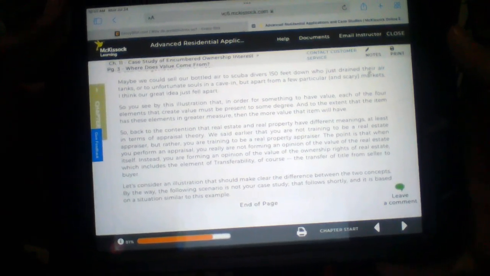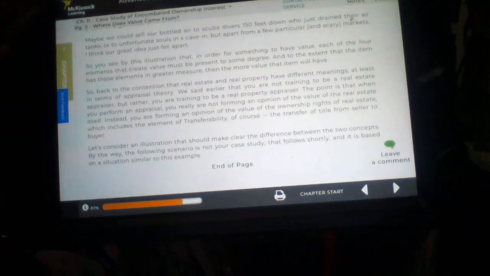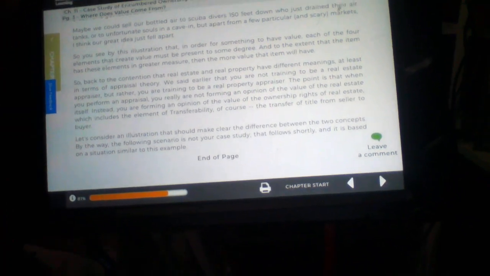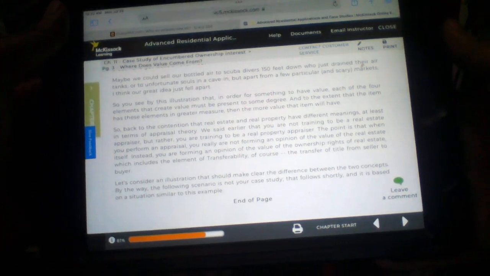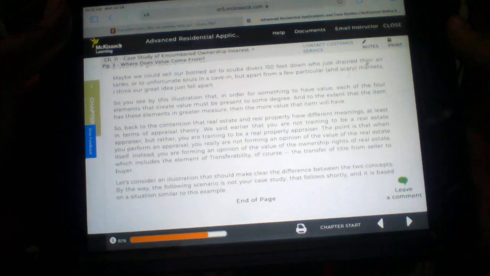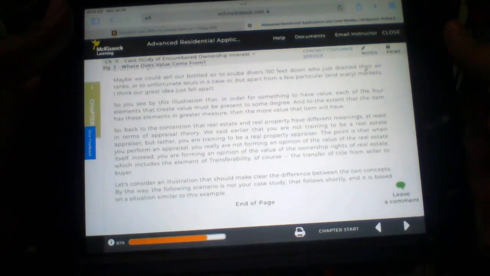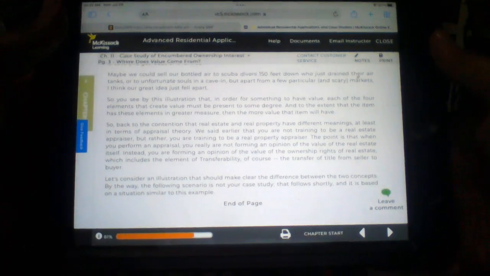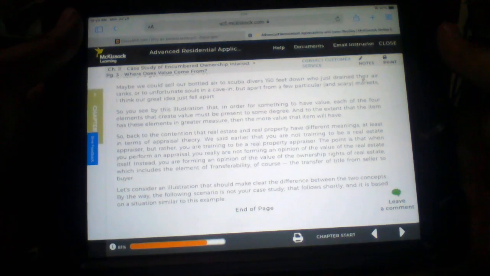The point is that when you perform an appraisal, you really are not forming an opinion of the value of the real estate itself. Instead, you are forming an opinion of the value of the ownership rights of the real estate, which includes the element of transferability, of course, the transfer of title from seller to buyer.